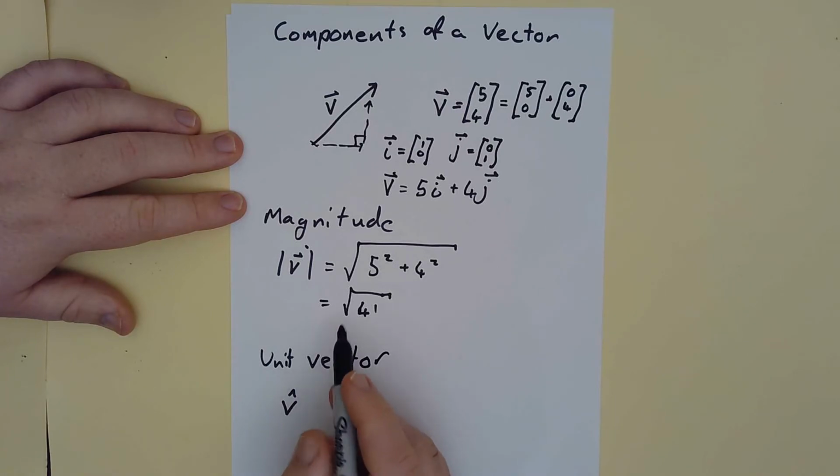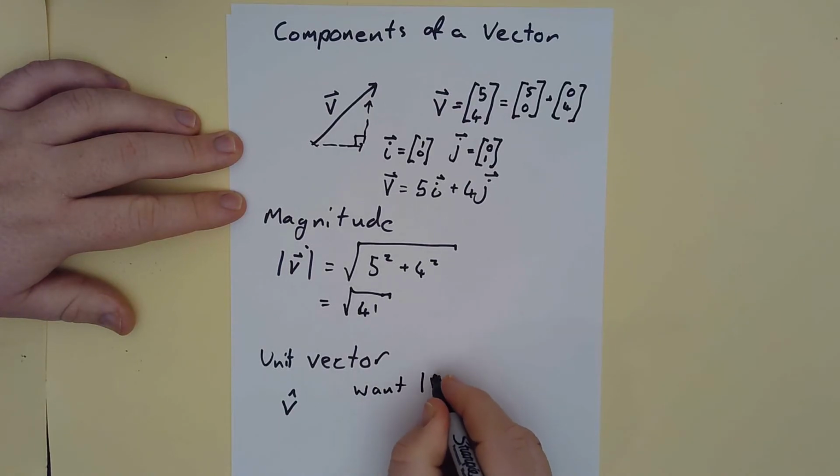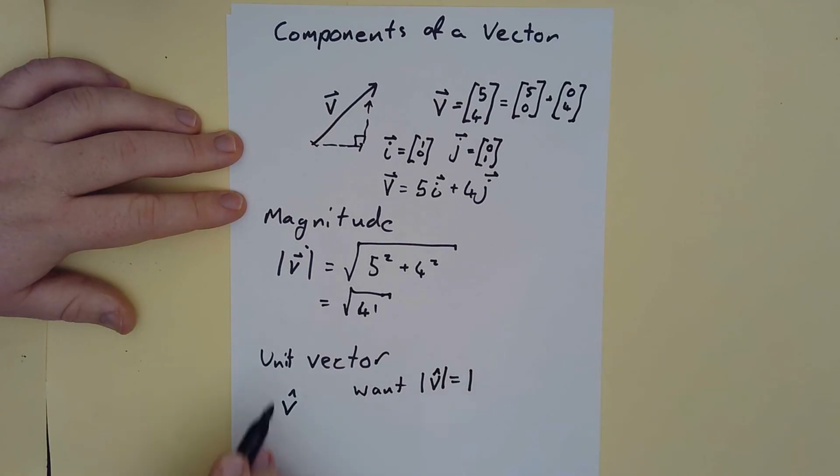What I mean by unit vector is I want the magnitude to equal 1. And how we get that to work is we take our original vector and we divide it by the vector's magnitude.